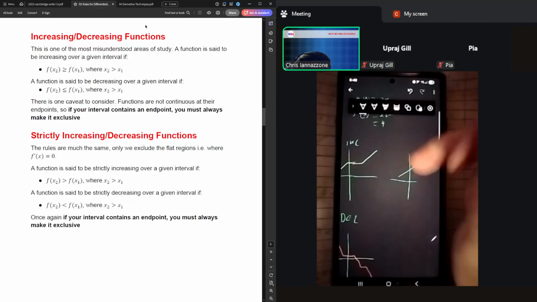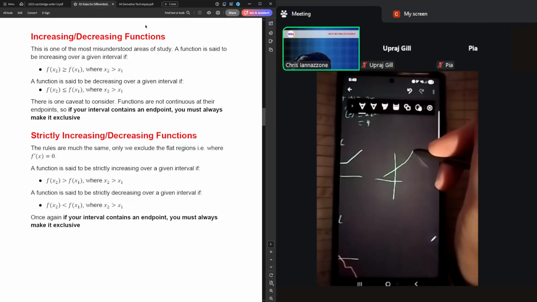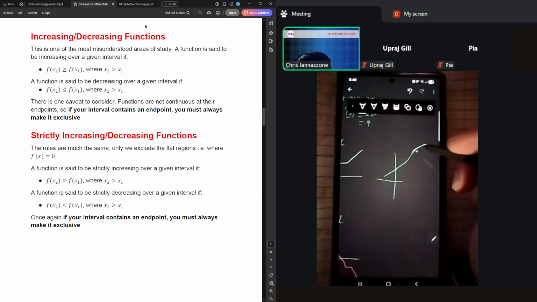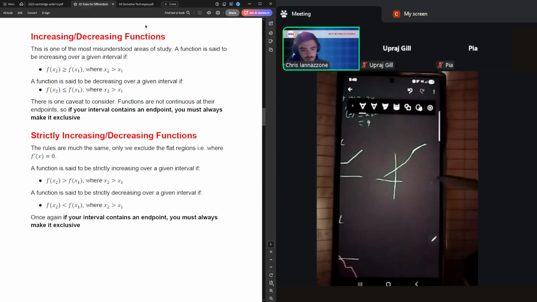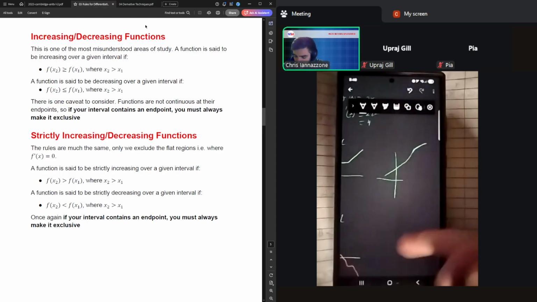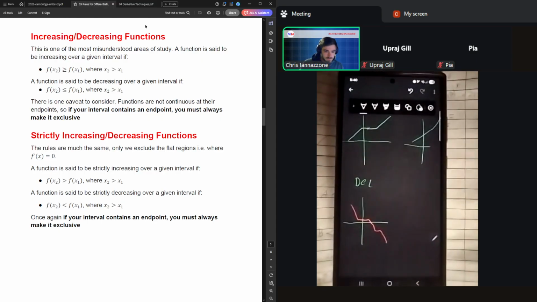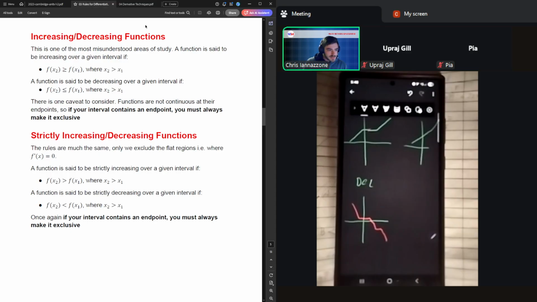Or I guess even concave down technically works as well, because it's still increasing, as long as it's always going up, left to right. Same thing for strictly decreasing. That's the difference between those. Now, one thing worth highlighting, which is the question that typically gets asked around this, is over what interval is a thing strictly increasing or decreasing?